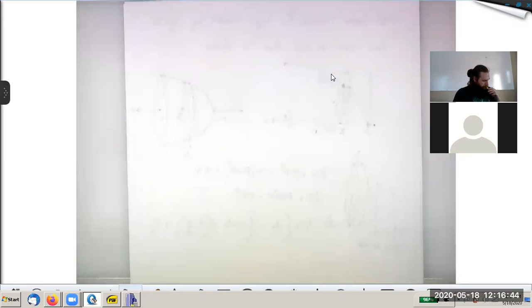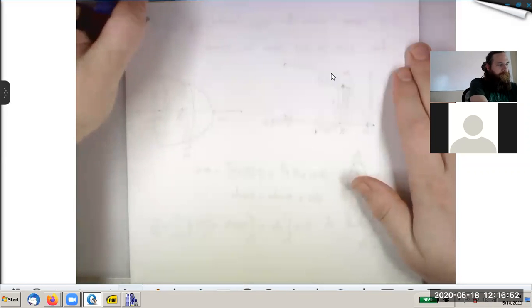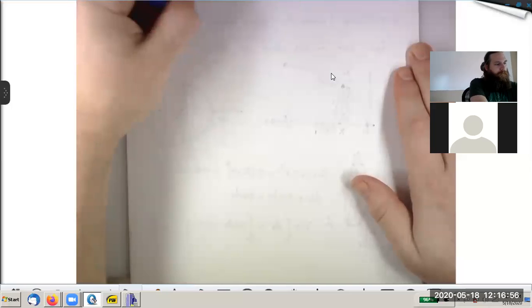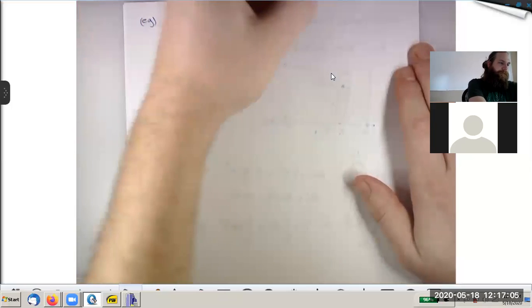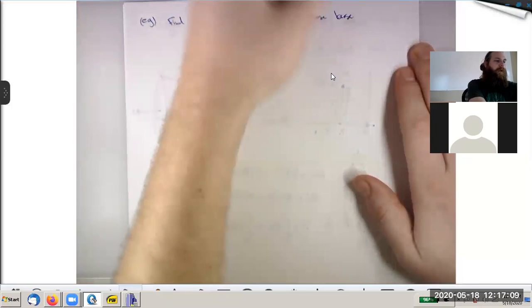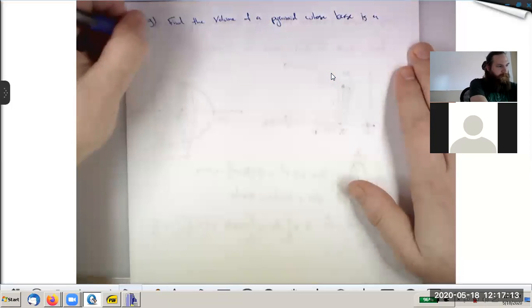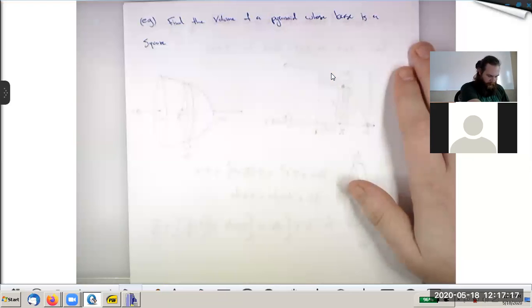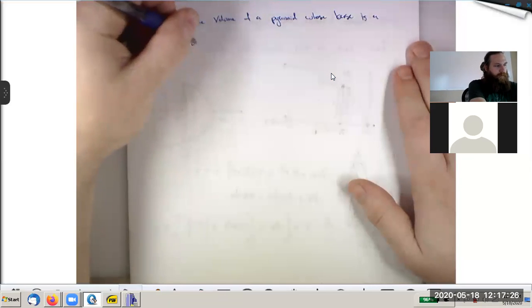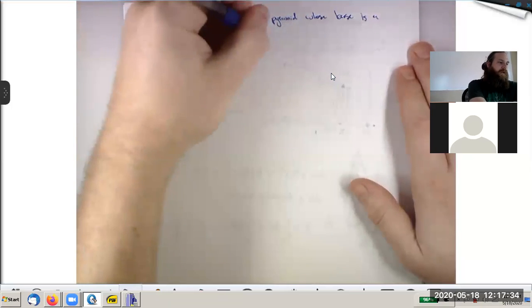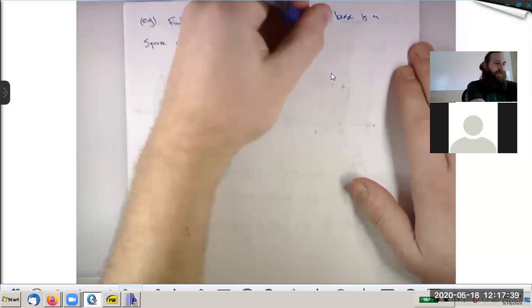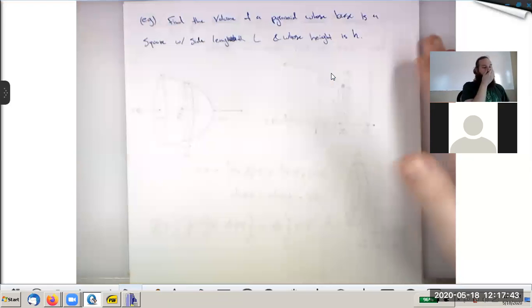The pyramid problem is a fun one. So we're going to find the volume of a pyramid whose base is a square with side length L, and whose height is H. So what's this pyramid look like?